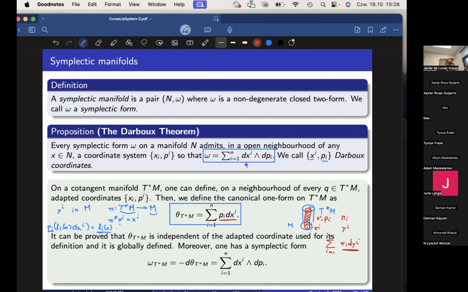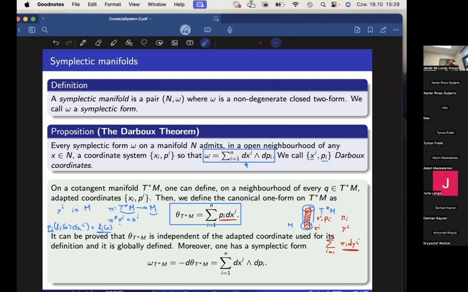And it turns out that, if you make a change of variables from these p_i, y_i to these variables, this thing does not depend on the adapted coordinate system. So it's a well-defined global object. Due to that, you have defined a well-defined differential one-form on the cotangent bundle.